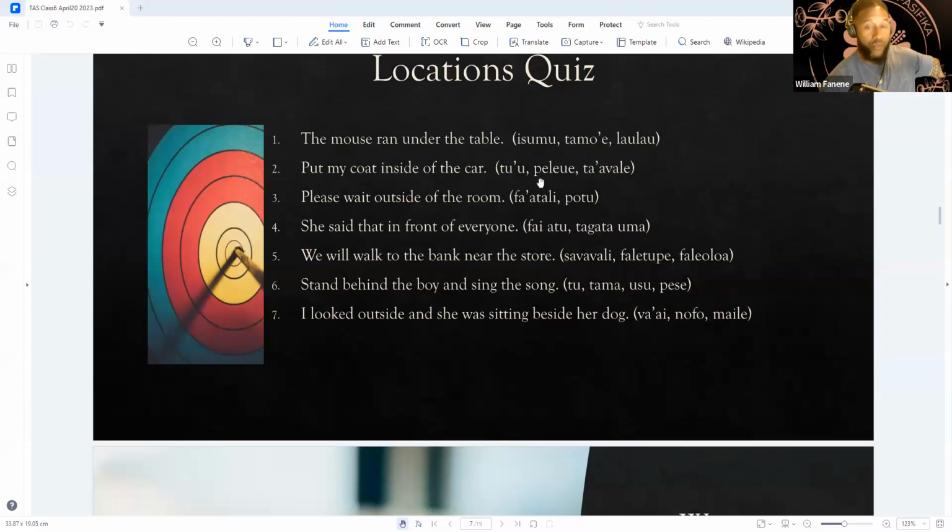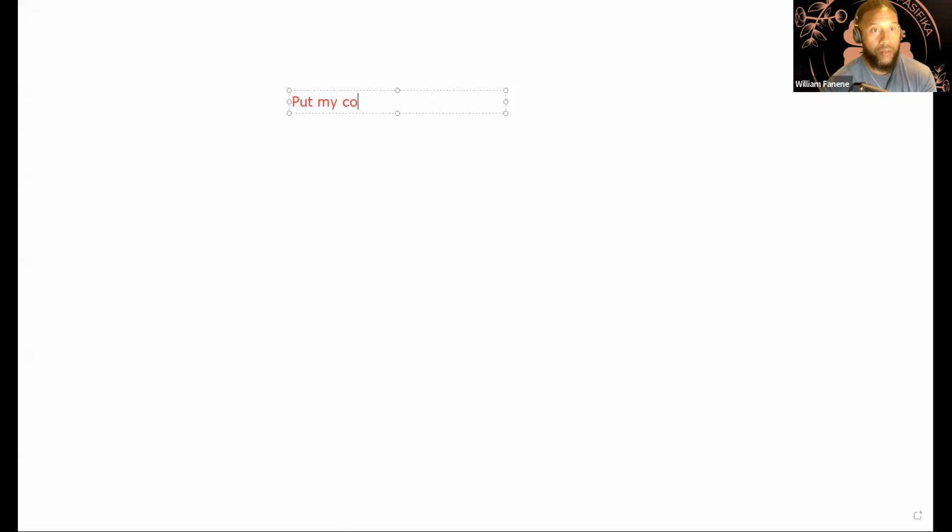Put peleue, coat, ta'avale. Ta'avale is car. Okay, so I need to remember, put my coat inside of the car. Okay, so how would we say this one?